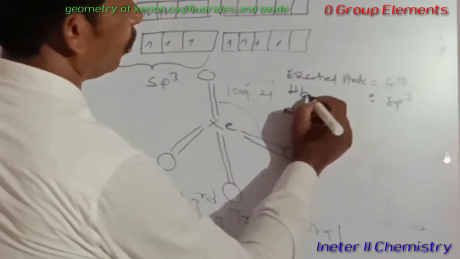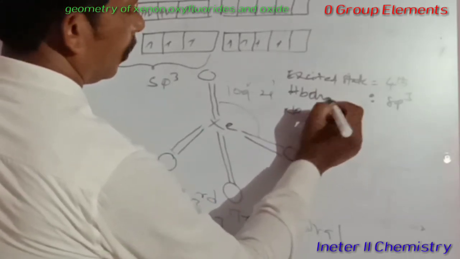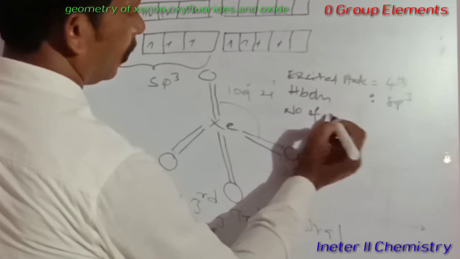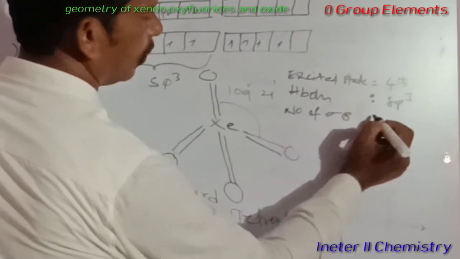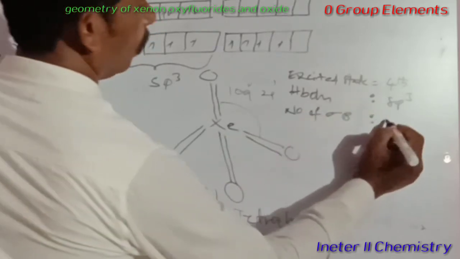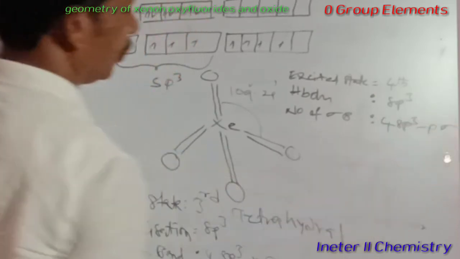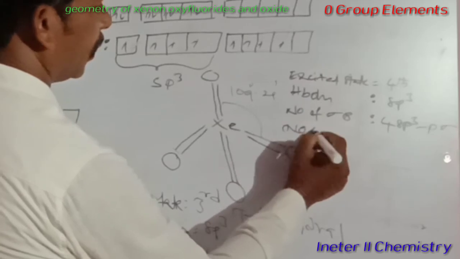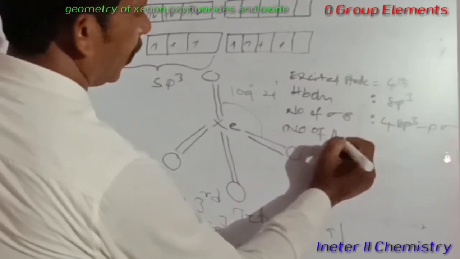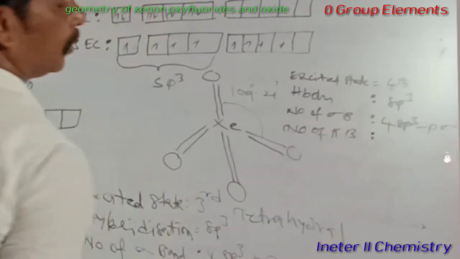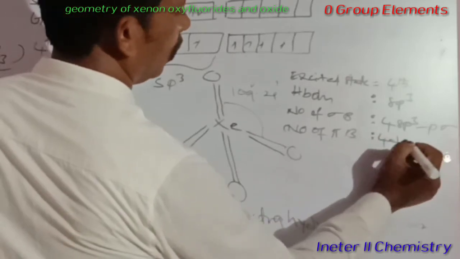Number of sigma bonds, so here how many? 4 sp3-p sigma bonds, and the number of pi bonds, 4 dp pi bonds.